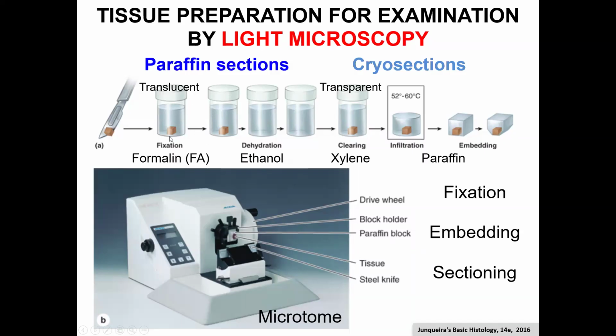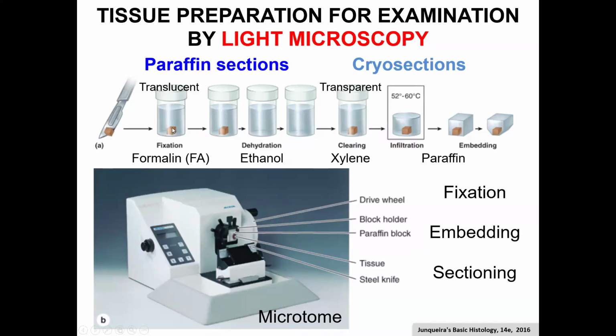Now, if one would like to look at the composition of these fixed pieces of tissue and shine light on them, the light will be sort of dispersed in all directions, and it will make the piece of tissue translucent, look milky.